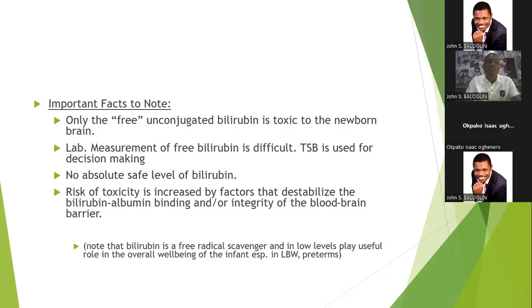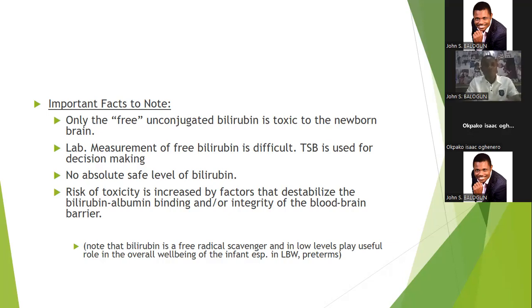And there is no absolute safe level of bilirubin, because it has been found that even those who have a very moderate level of hyperbilirubinemia still come down with complications, while some with very severe hyperbilirubinemia did not come down with complications. So there is no agreeable safe level of bilirubin. That is why it is very important to monitor those babies.